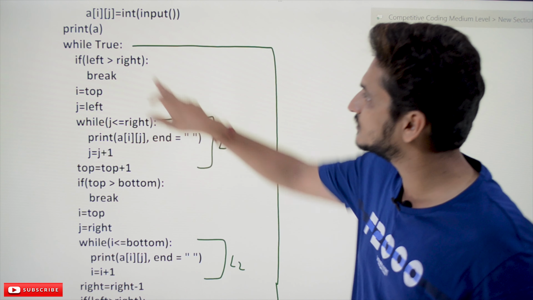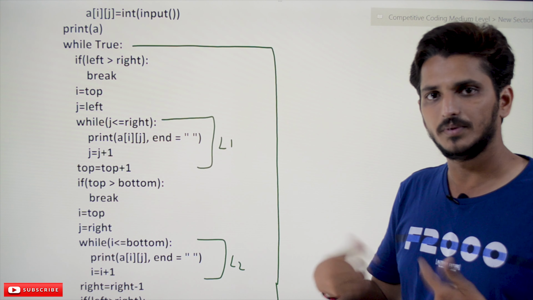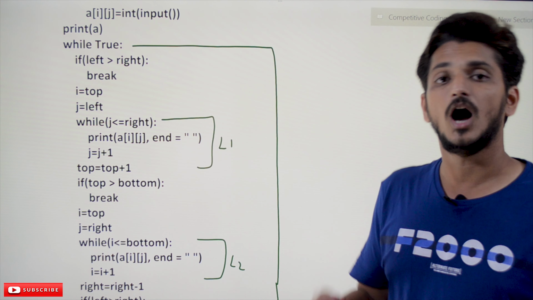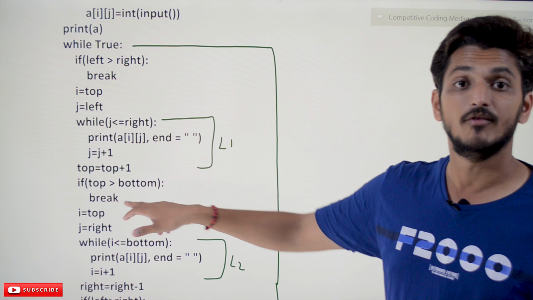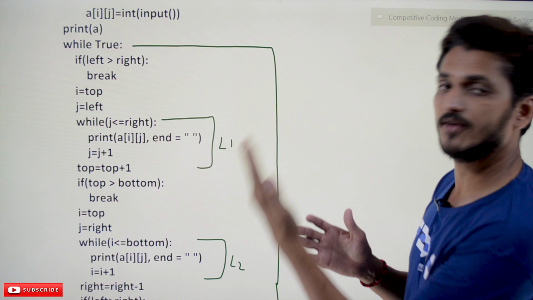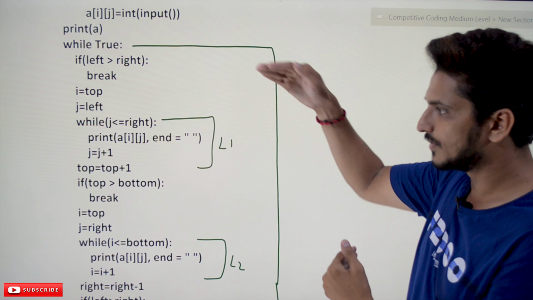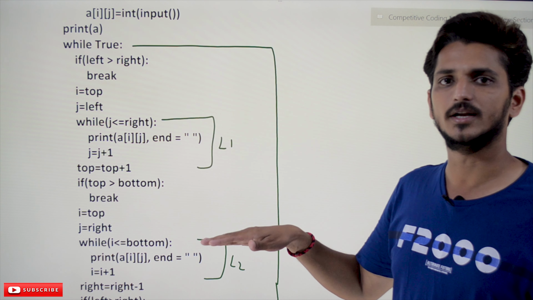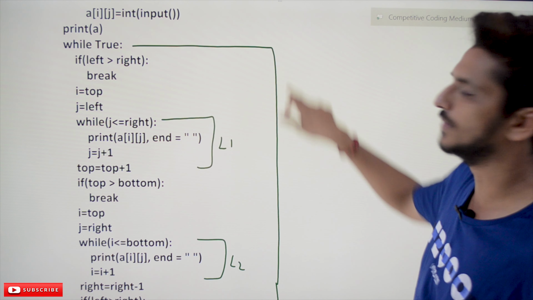Again repeat this. That's why this infinite loop is going to repeat. How long is it going to repeat? How do you come out of the loop? Using the break statement. Whenever left crosses right, stop it, break it. Top crosses bottom, break it. Those are the conditions we are using to break the infinite loop.